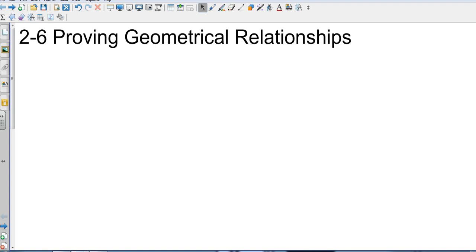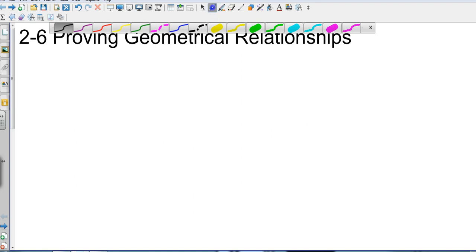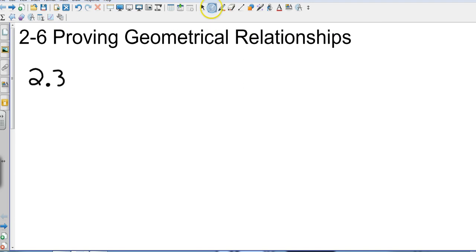So let's start with theorem 2.3. I'm going to call it 2.3, just so it doesn't get confused with chapter 2, section 3 or anything like this. Okay, and this is going to be the right angles congruence theorem.